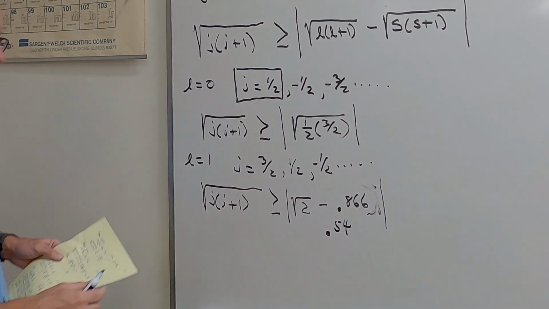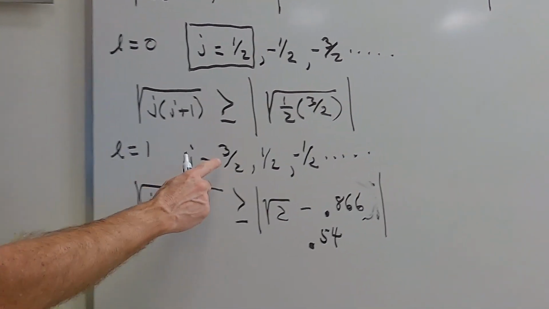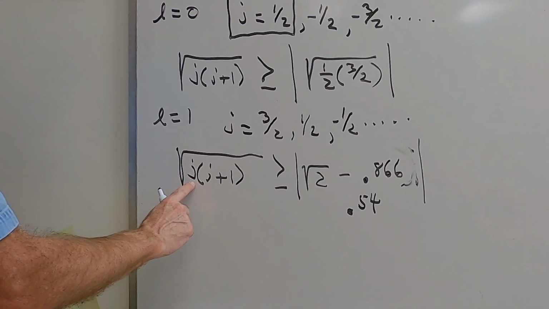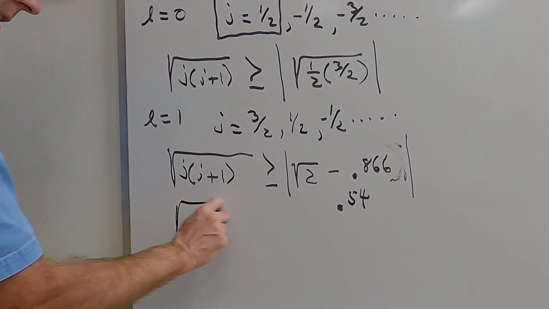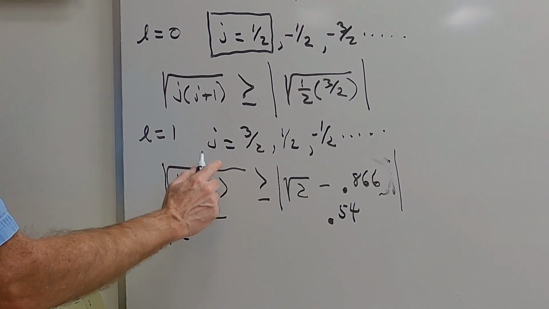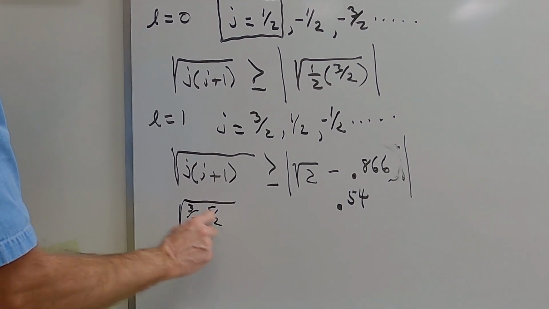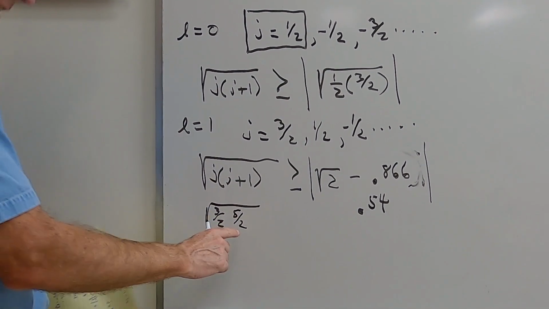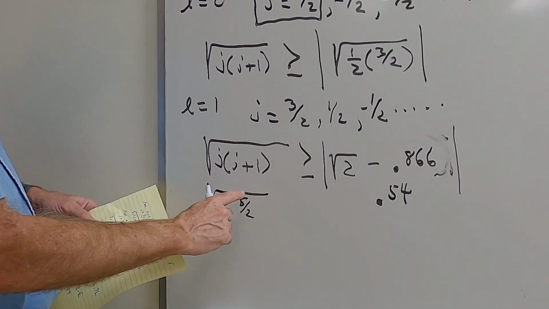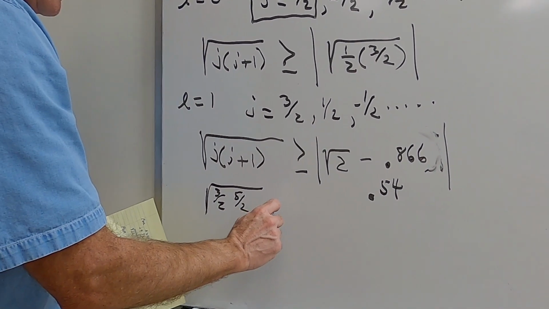So now if we come over to here and we say, okay, does 3/2 work? Well, if you plug in 3/2 here, you get the square root of 3/2 times J plus 1, which is 5/2, which is the square root of 15 over the square root of 4, which is the square root of 15 over 2, which is 1.9.